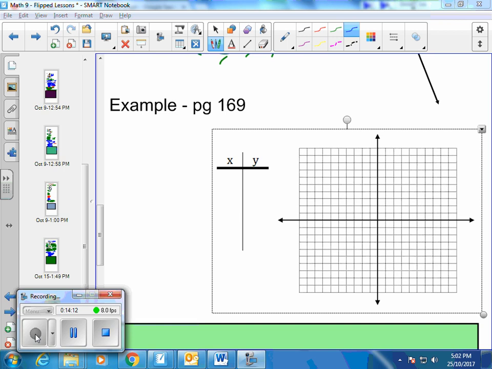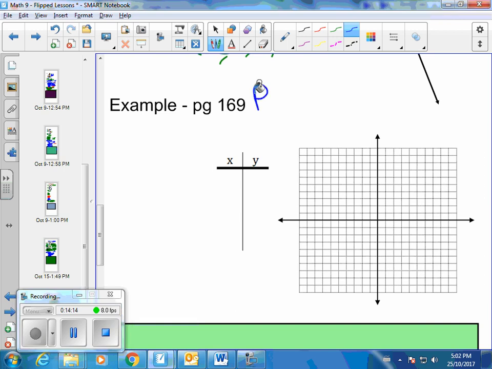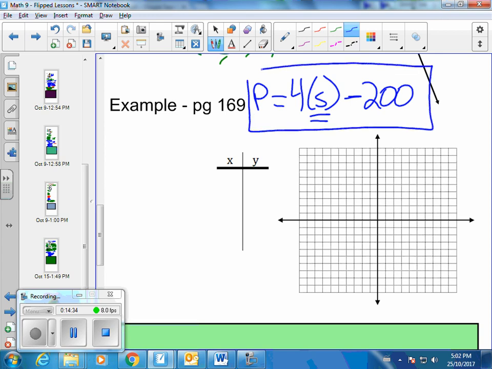So what they're saying is profit in dollars is going to equal 4 times the number of students minus $200 for the cost of music. So that is the equation we are working with. That's the equation that they've told us. All I did was convert from English to math.